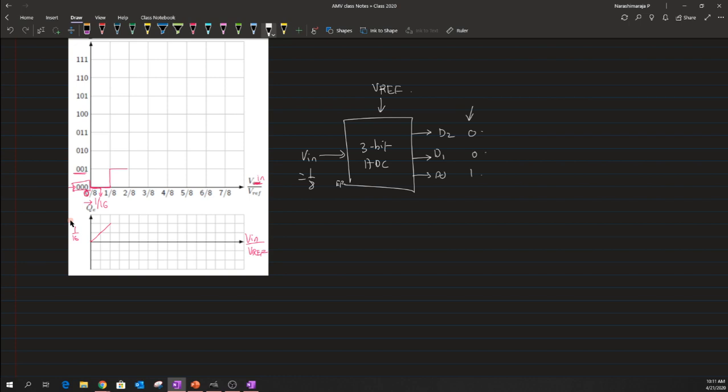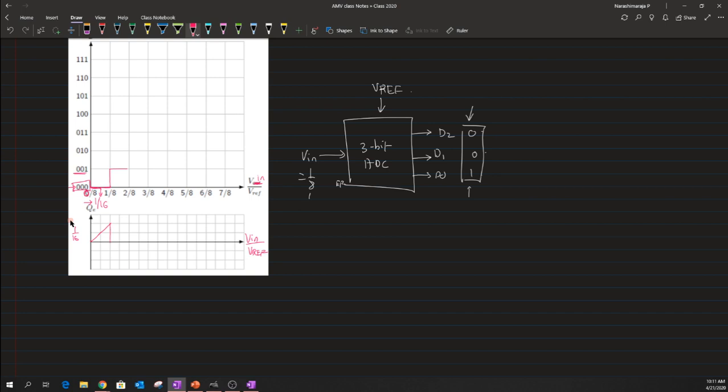I am reading from the MSB, so I think you got this mapping. In this case the value of 1 by 8 is properly mapped onto the digital data 001, due to which the error between the input and the output goes all the way down to 0, because there is no error in it.